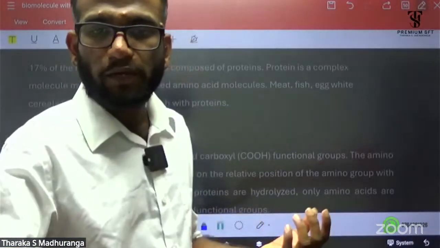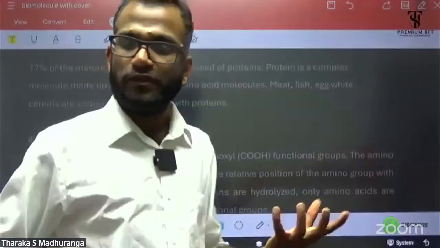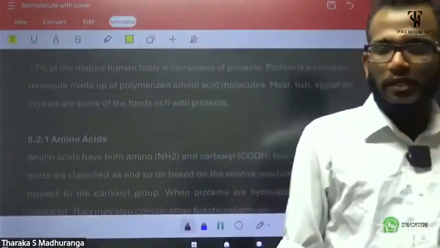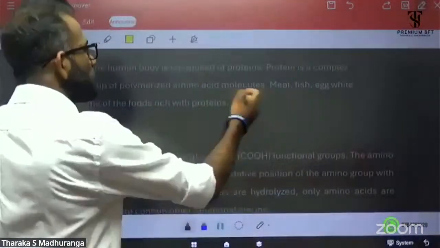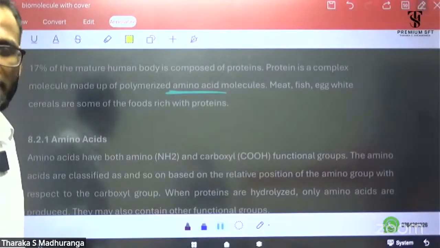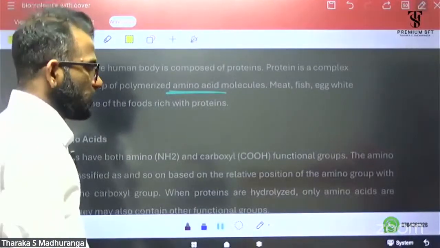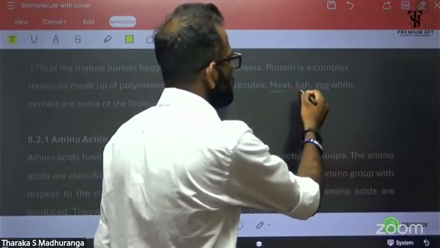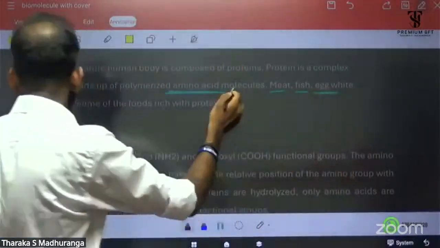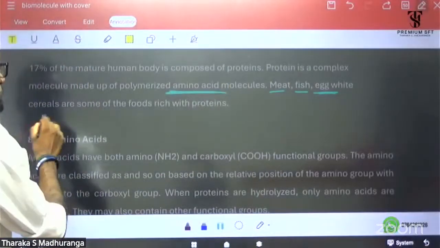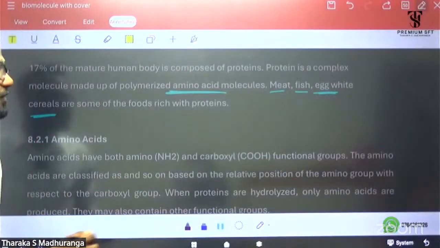The main building block is monosaccharide. Remember, the main building block of protein we call amino acid. The amino acid is the main building block of proteins. Foods rich in protein include meat, fish, eggs, egg white, cereals, and soya beans.